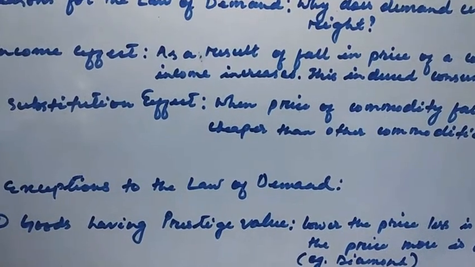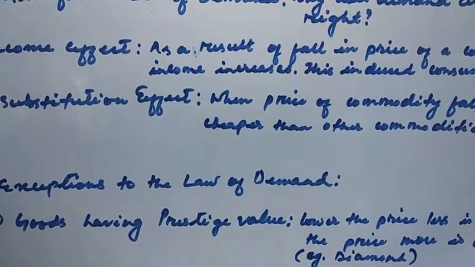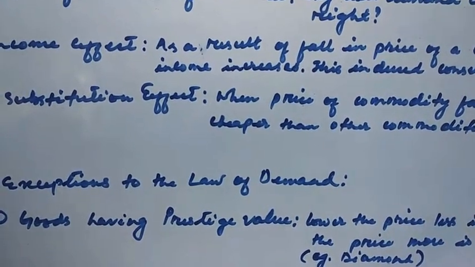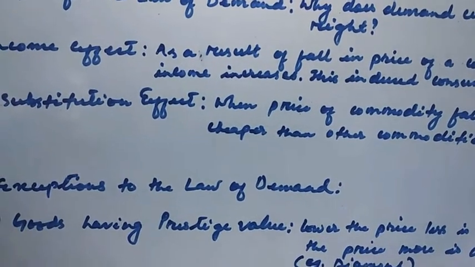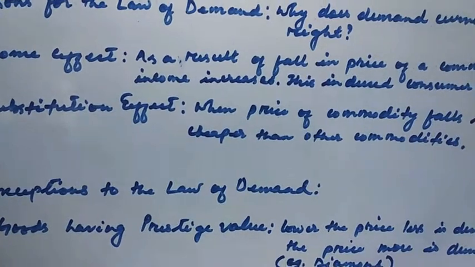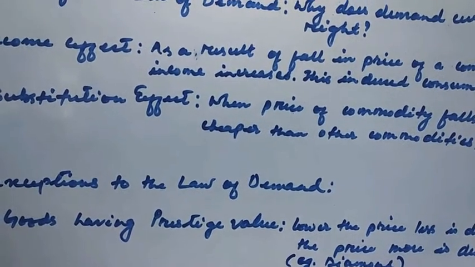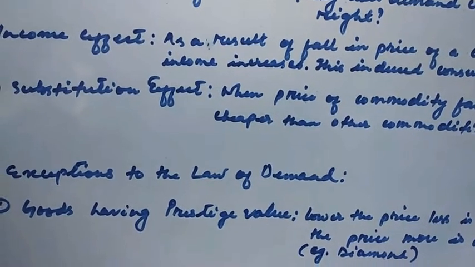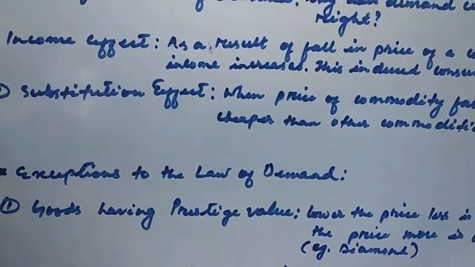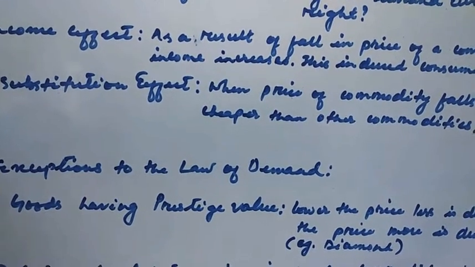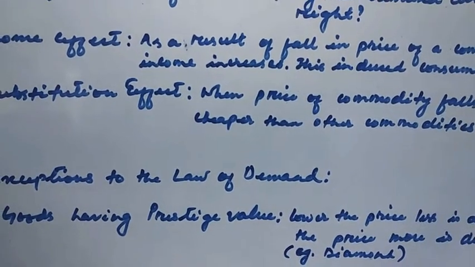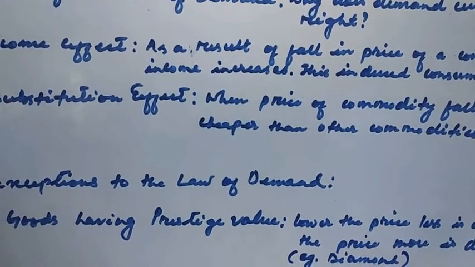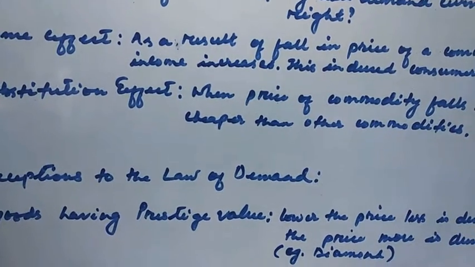Marshall alone explained the downward sloping of the demand curve with the aid of the substitution effect alone, without taking the income effect. But Hicks and Allen, who put forward an alternative theory of demand, called the indifference curve analysis of consumer behavior, explain the downward sloping demand curve with the help of both income and substitution effect.